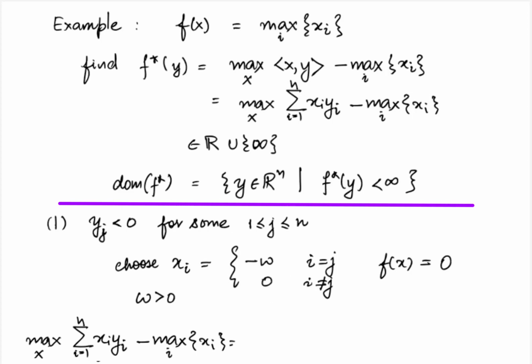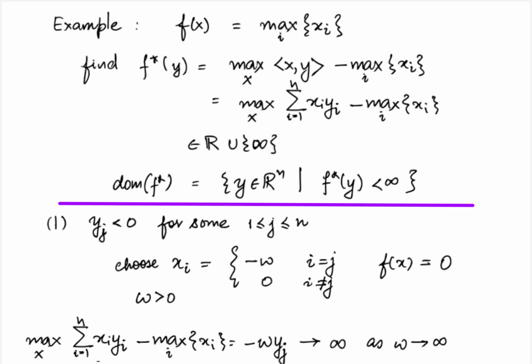So the objective function evaluates to minus omega yj, which is a positive number because yj was negative. Now omega was arbitrary and therefore the objective function can be made arbitrarily large for an arbitrarily large omega. Hence in this case, the objective is unbounded above and therefore any y with negative entries cannot be in the domain of f star.